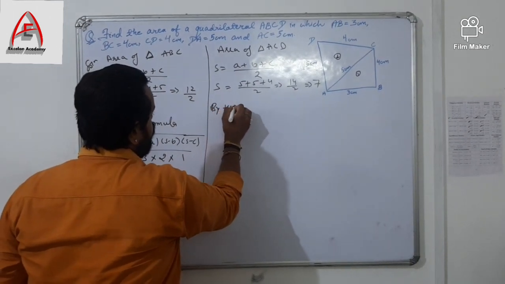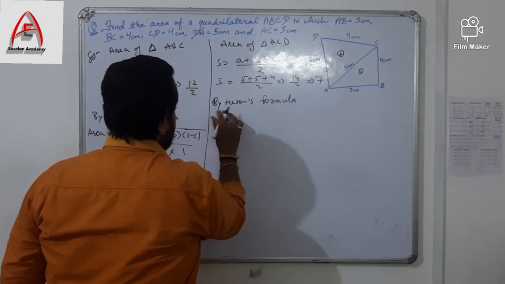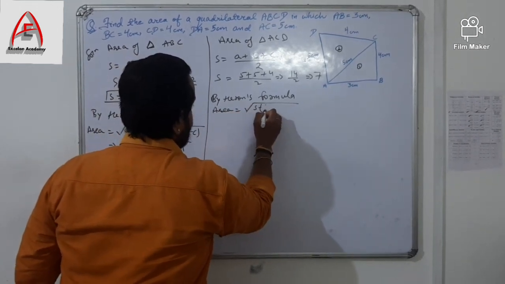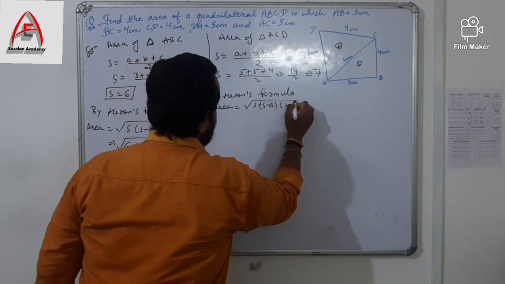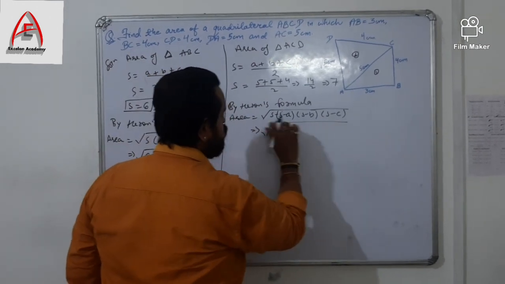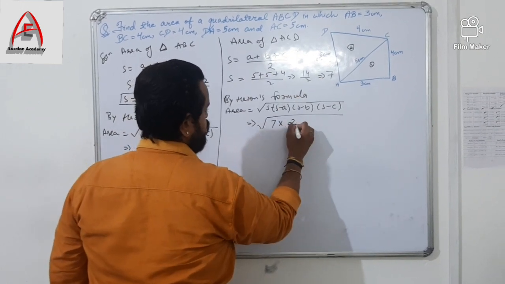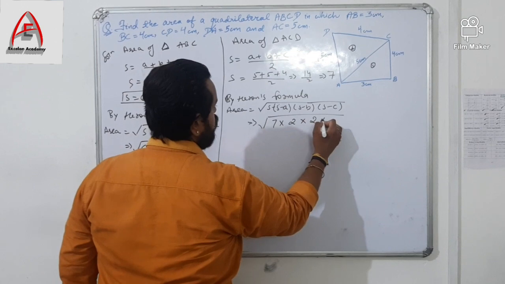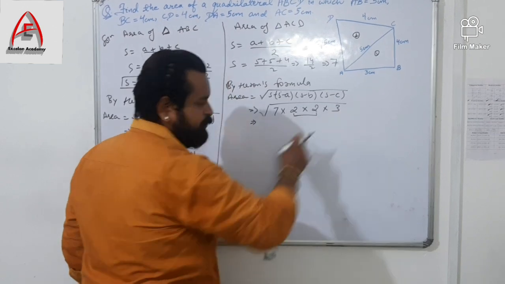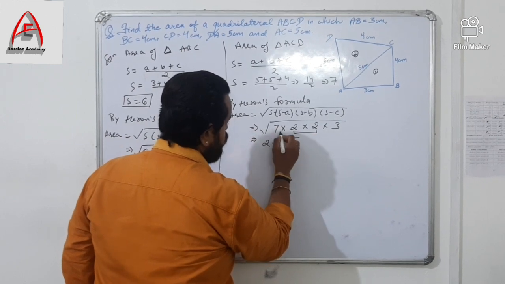By Heron's formula, area is equal to under root S, S minus A, S minus B and S minus C. Put the values: the value of S is 7, 7 minus 5 is 2, then again 7 minus 5 is 2 and 7 minus 4 is 3. See, only 2 will come out because we can't factorize 3 and we also can't factorize 7. So only 2 will come out and root 21.